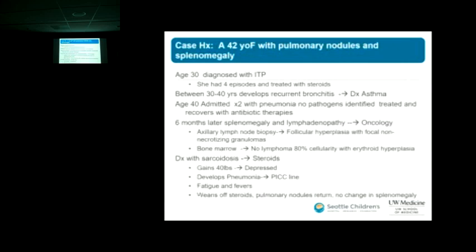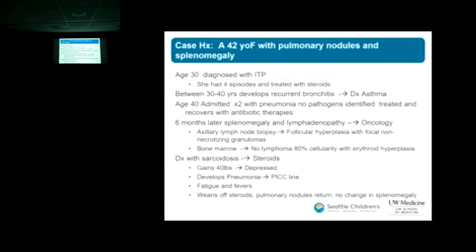Hey, this is an adult case. These are your patients. This is a 42-year-old who presented with pulmonary nodules and splenomegaly. So she was perfectly healthy until the age of 30. She was diagnosed with ITP. She had 4 episodes at times, and she was treated with steroids and did fine.